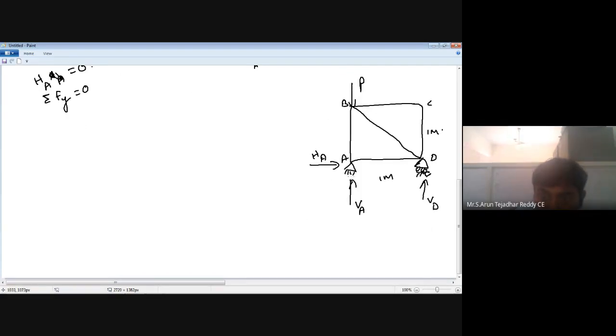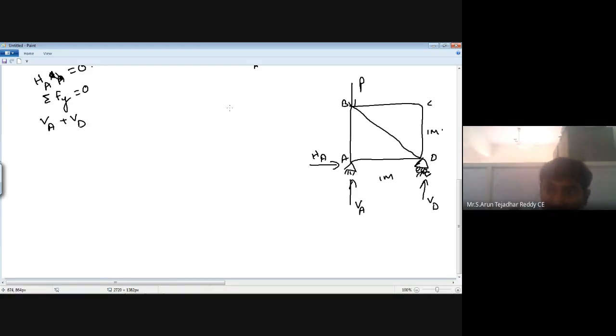VA is acting in the upward direction, so take positive. VD is acting upward, so it is also positive. VA plus VD.